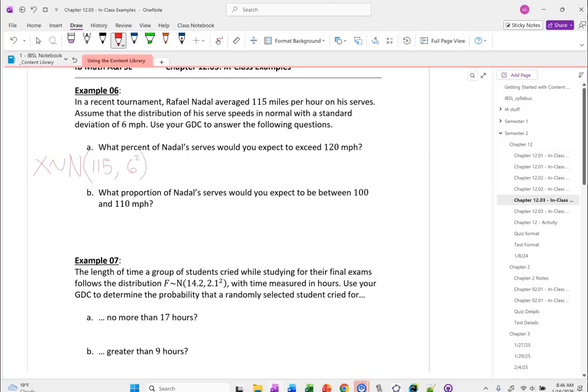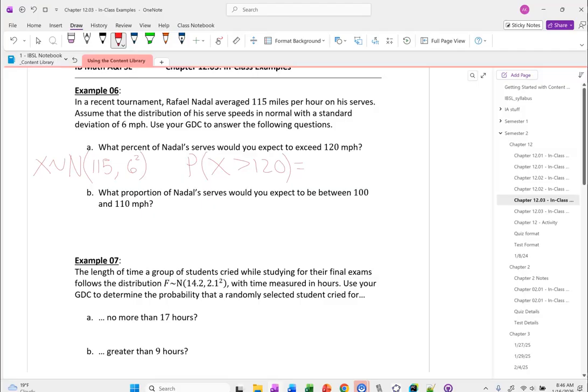Okay, so now we want a percent. We want P of X would you expect to exceed 120? So I want greater than. Exceed. Right? The word exceed means 121 exceeds 120. And now it's calculator time.